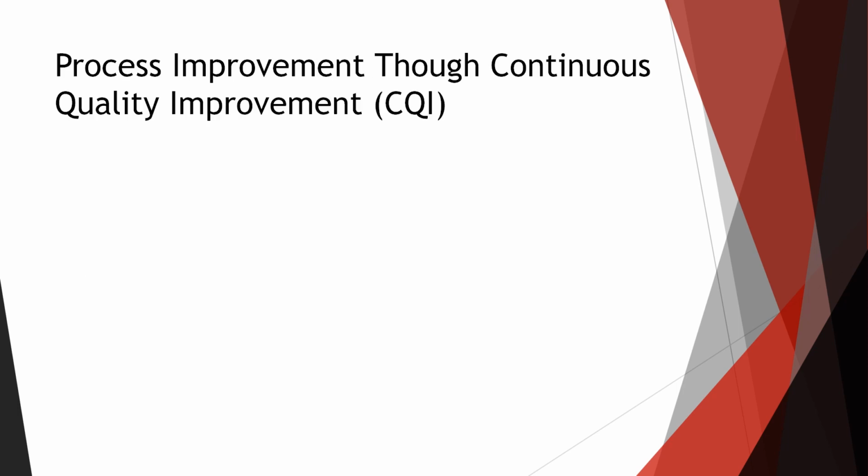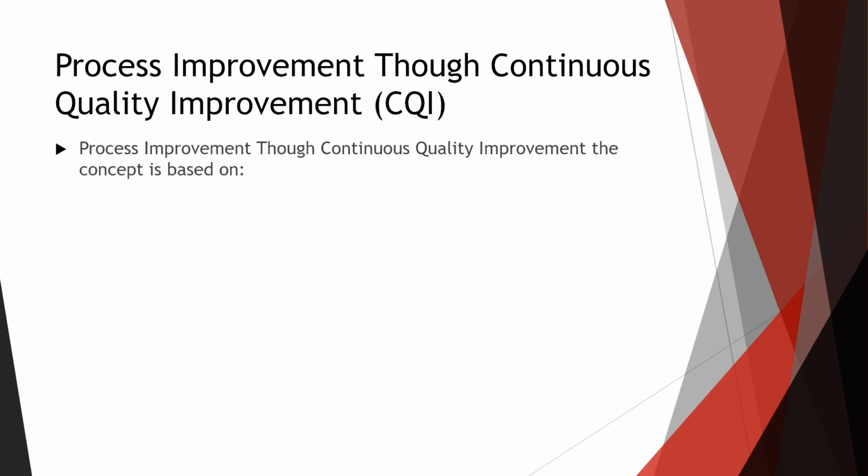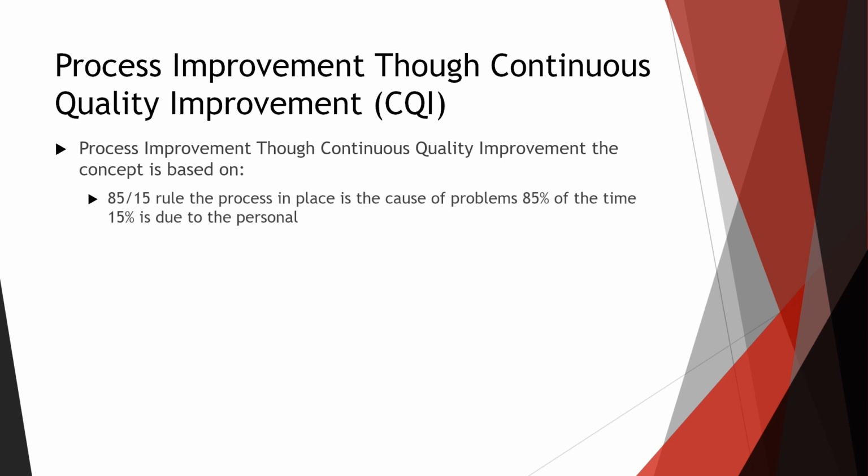So let's talk about process improvement through continuous quality improvement, which is often said CQI. CQI, continuous quality improvement. Process improvement through CQI, the concept's based on these things. It's based on the 85-15 rule: the process in place is the cause of the problem 85% of the time, and only 15% due to the personnel.